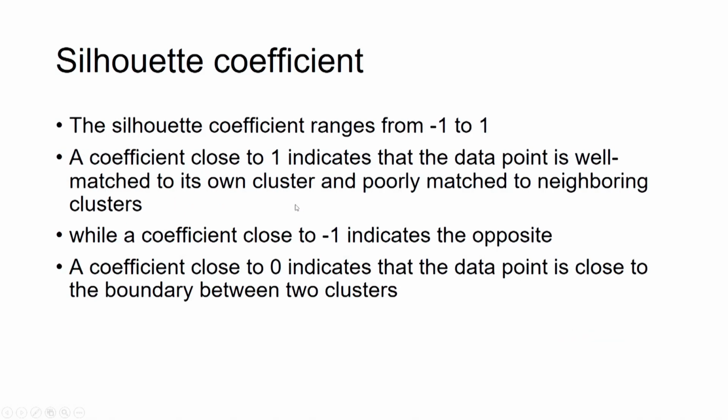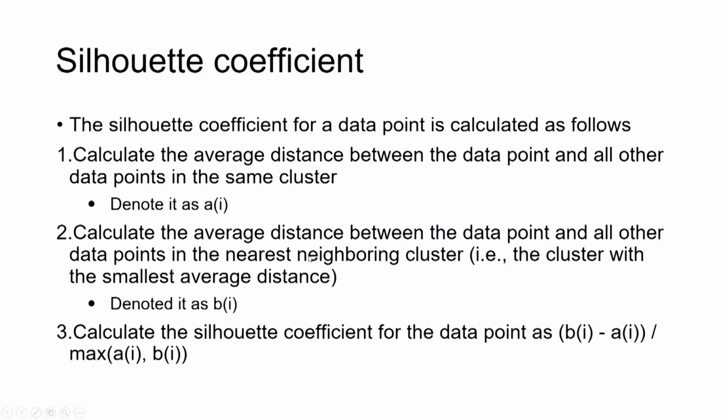So, we can say that Silhouette coefficient ranges from -1 to 1. If it is 1, it is well matched to its own cluster and poorly matched to the neighboring cluster, because b_i in this case is greater than a_i.